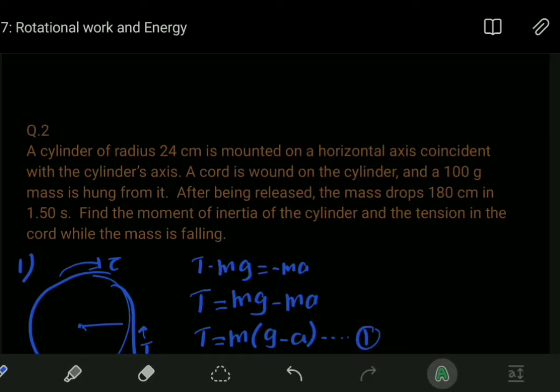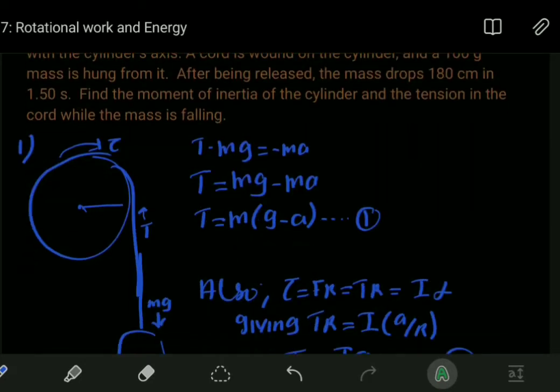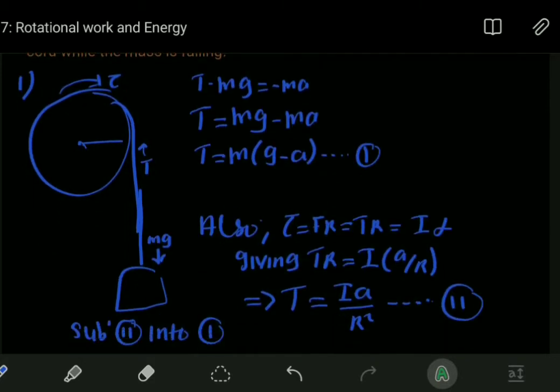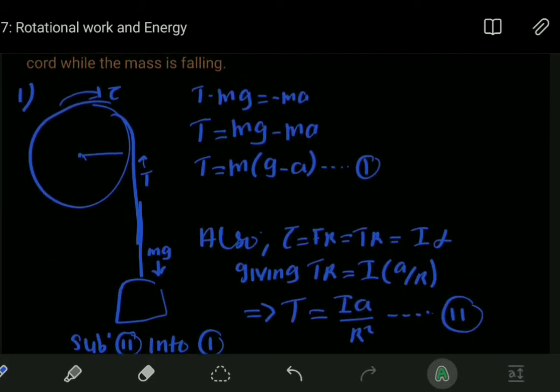You can look at this cylinder from one end, or let me say from the side. If you look at this cylinder together with the cord and the mass from one end, it's going to look like this. We have this cord, which is wound on the cylinder, and it's attached to a mass.